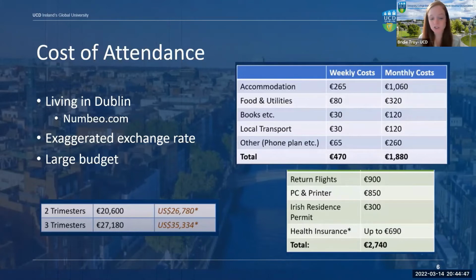That's a 300 euro fee every year, but you can include that in your student loan request because the government understands that this is a cost that you will have to pay no matter what. So the COA will be higher for those 3-semester programs, such as graduate students, as they will have to budget to live in Dublin for an entire year instead of just 9 months as undergraduate students do.